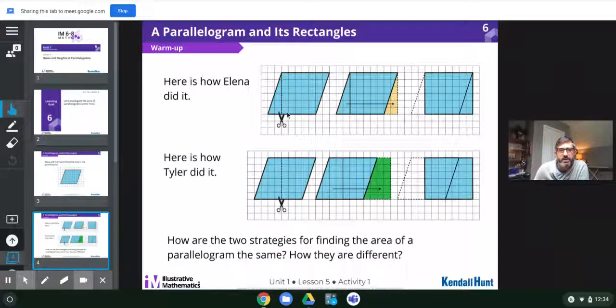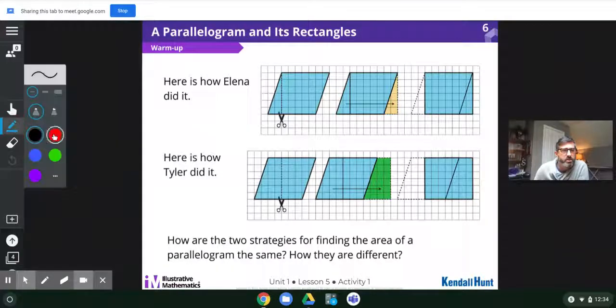So you can see Elena did this. She cut this right triangle out, and then she moved it over to the right to make this rectangle. Let me show you that.